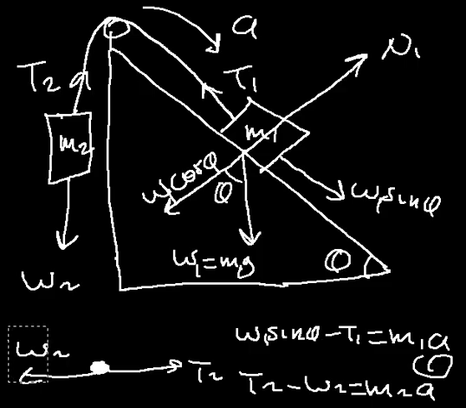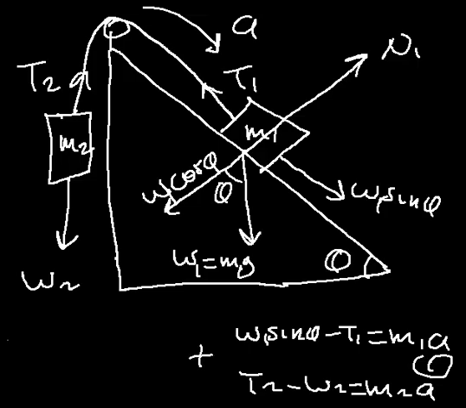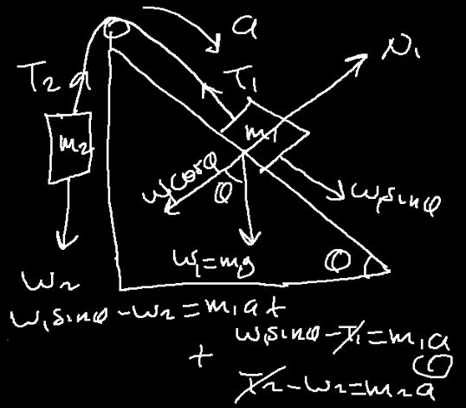From this point we should be able to add the two equations. When we add them, the tension force T1 and the tension force T2 cancel. We have weight 1 sin theta minus weight 2 equal to mass 1 times acceleration plus mass 2 times acceleration.